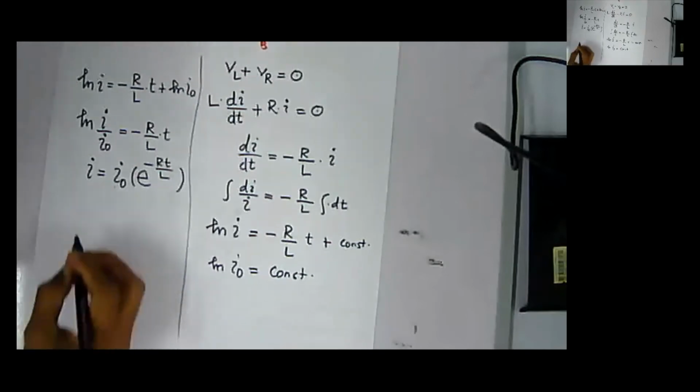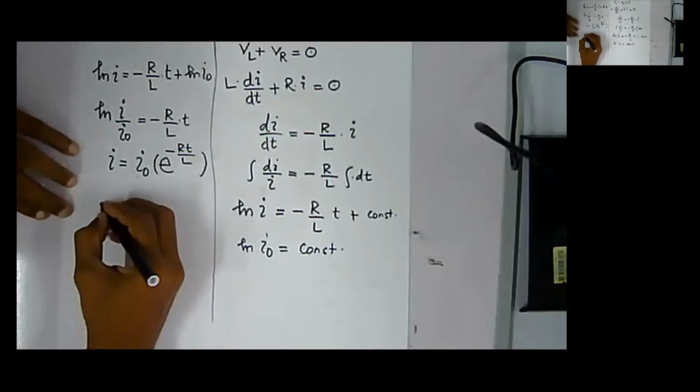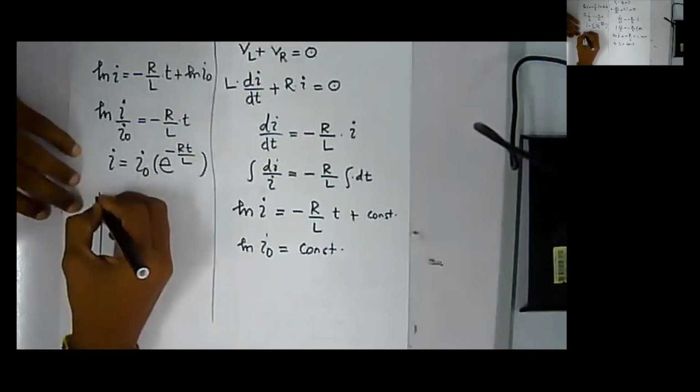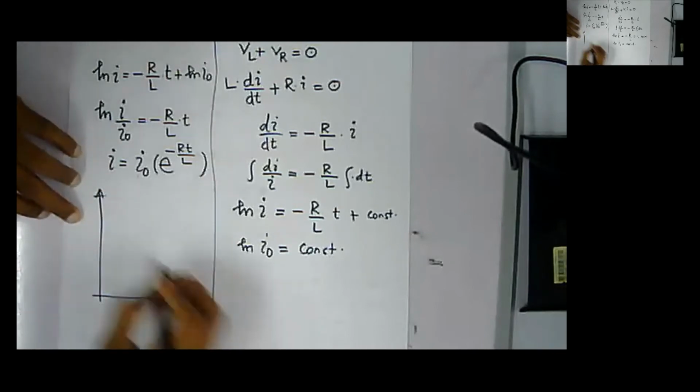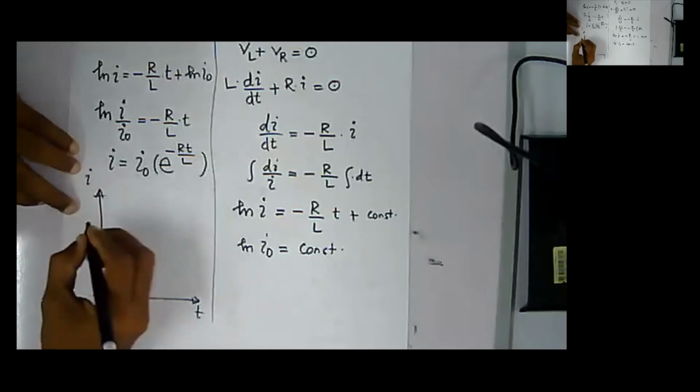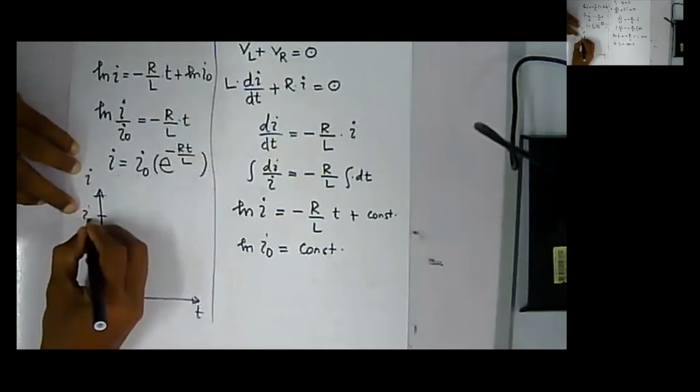Now we'll draw the current versus time graph, as we did for the capacitor. This is time t and this is current I, and it starts with I naught.